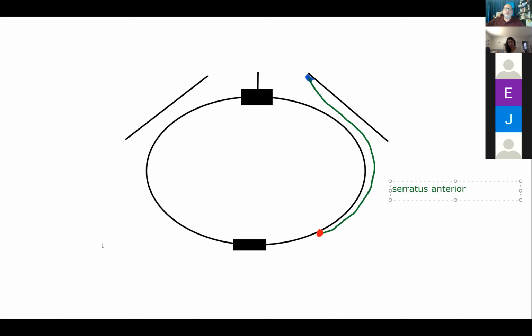Now, while we're here, we'll go to our drawings. I encourage you to do this little drawing next to the bones. We'll go to the bones in just a second. But before I do that, there's one other thing I want to remind you about. The goal of a muscle is to pull the insertion towards the origin. So what are the actions of the serratus anterior?